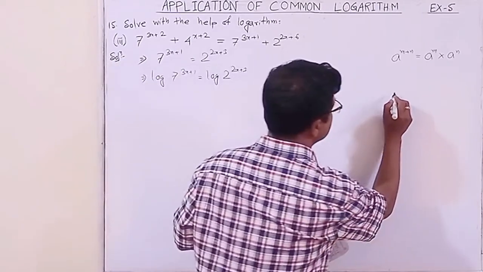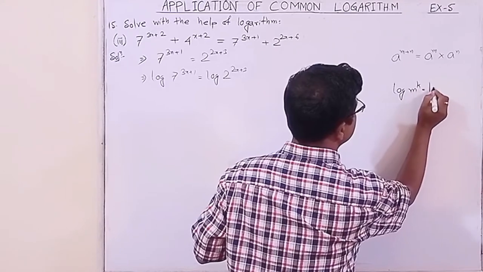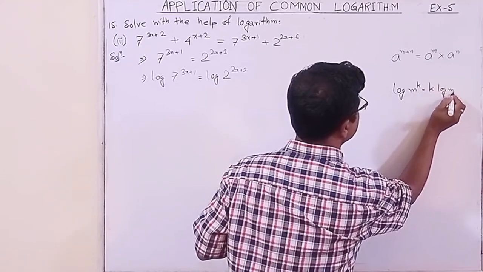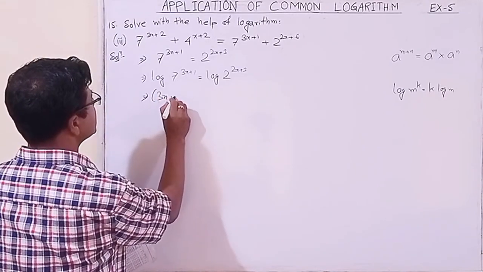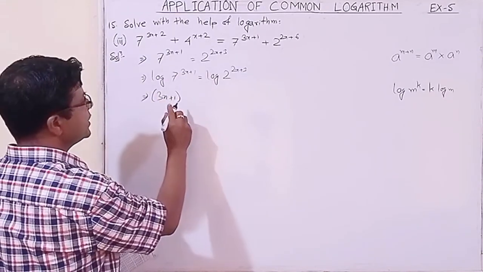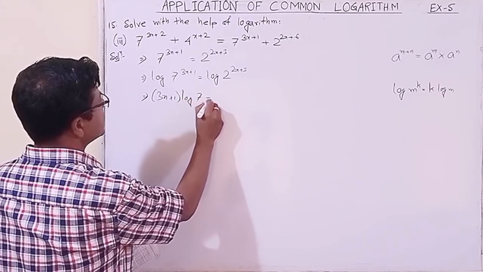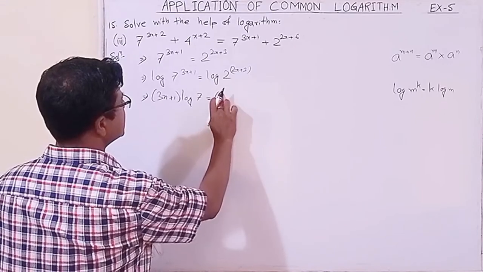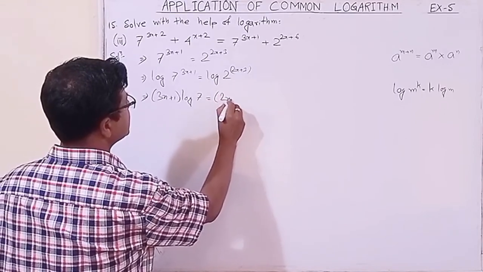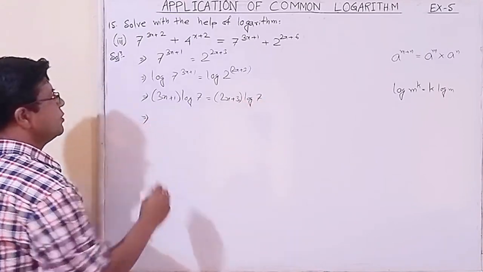Now dear students, you know that log of m to the power k equals k into log of m. So this 3x plus 1, if we bring it here, into log of 7, then 2x plus 3, let us bring it ahead, 2x plus 3 into log of 2.